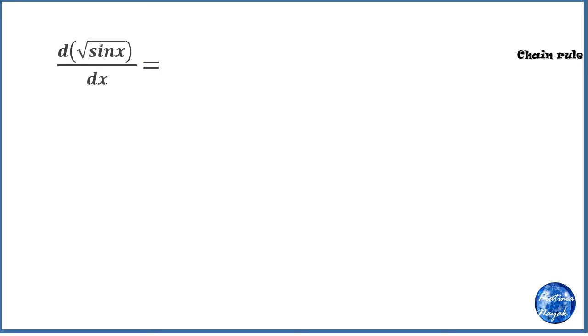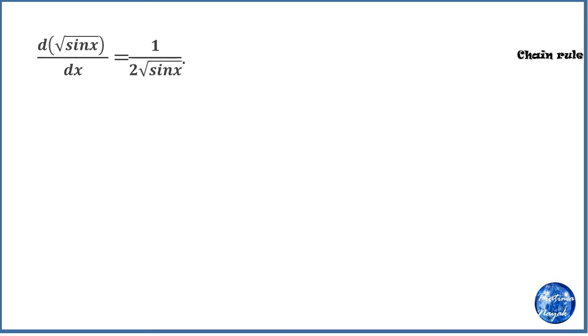It will be 1 upon 2 under root function. So it will be 1 upon 2 under root sin x multiplies the inner function sin x, write derivative of sin x. So it will be cos x upon 2 under root sin x.